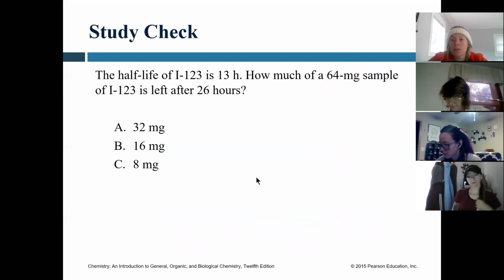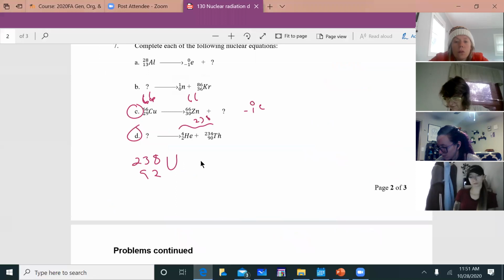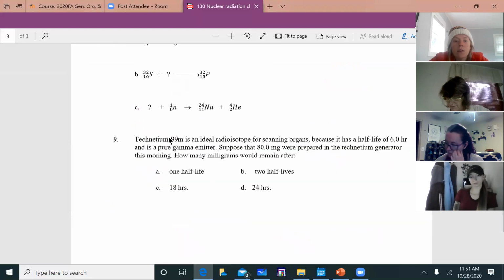Let me help it make a little more sense for that last question, bring it up here. Here where it said, we've got this material, it's radioactive. So it says it has a half-life of 6 hours and is a pure gamma emitter.